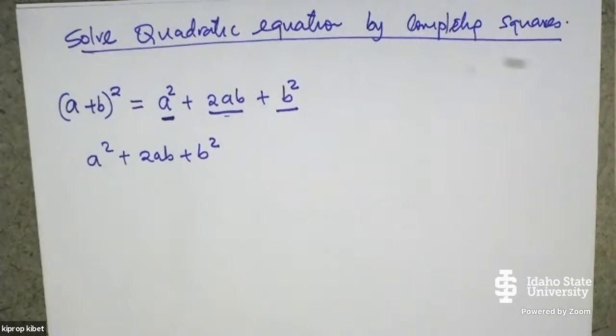Here we will use what we call the completing squares method.